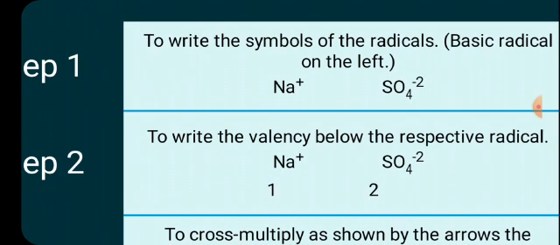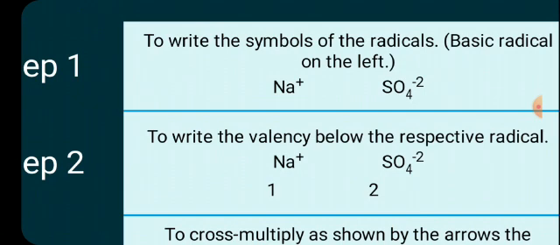So, in order to write the formula of sodium sulfate, we have to start with the symbols of the radicals. Sodium ion has symbol Na+ and sulfate ion has symbol SO4 2-. We are going to show the charge on the radical also.